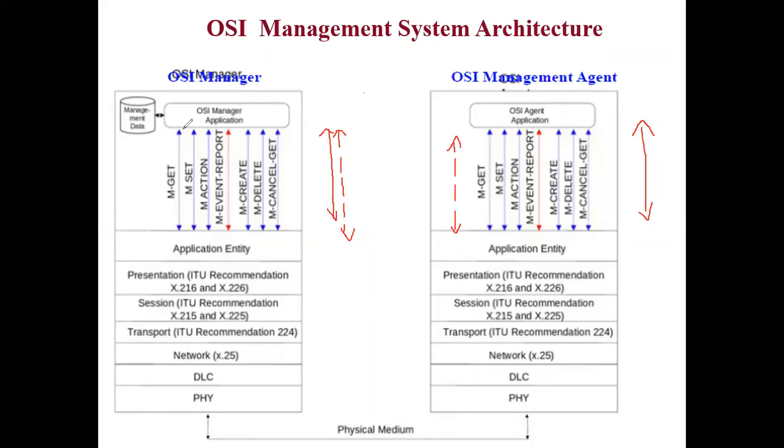It might be unidirectional, it might be bidirectional. For every message that I send, there need not be an acknowledgement. But here, everything is bidirectional, meaning for every message that I send from the manager to the agent or agent to the manager, there is an acknowledgement, and only then does the actual transfer of the message take place. So that's why we have this bidirectional.